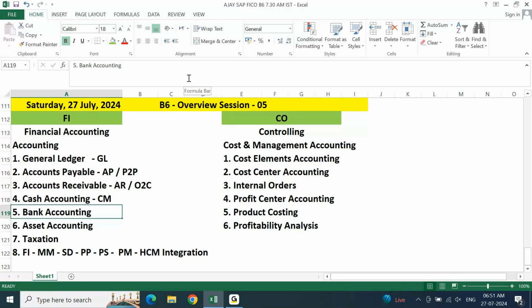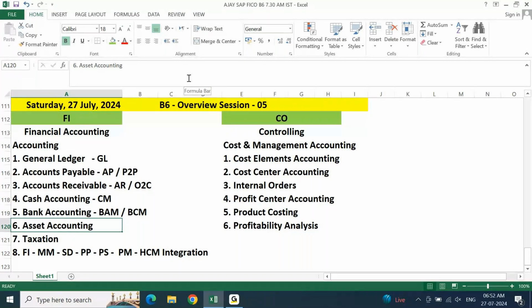And when you're talking about bank accounting, you have something called Bank Account Management, or you can also call it BCM, Bank Communication Management. These are again from the perspective of your FSCM module.